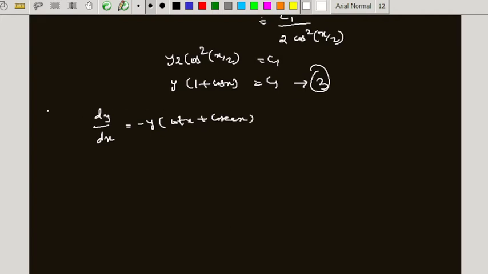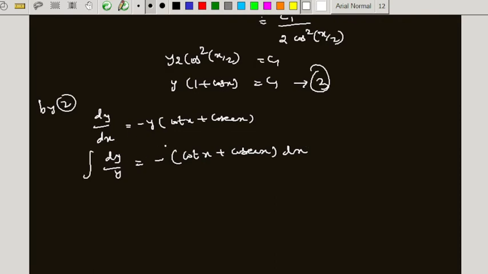This is from equation 2. So we simplify this one, dy by y equal to minus cot x plus cosecant x into dx. Here we integrate this one.